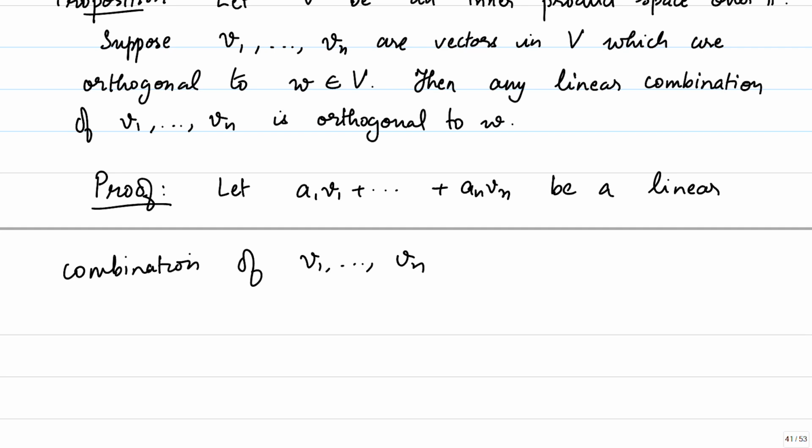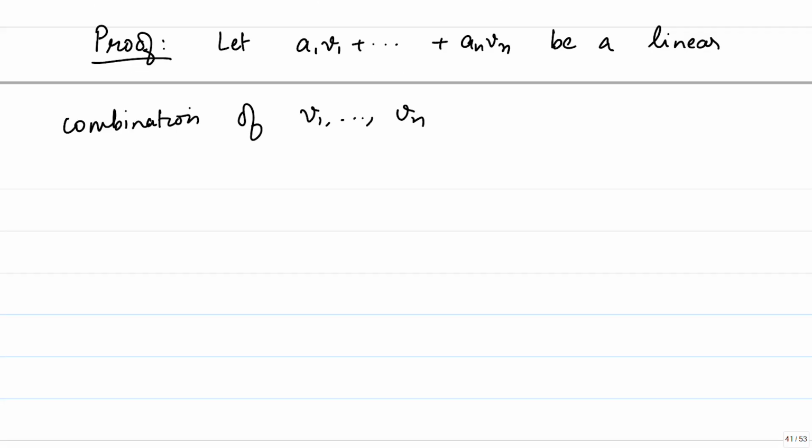Here a1, a2 up to an are scalars. If it is a complex vector space, a1 to an are some complex numbers. If it is a real vector space, they will be some real numbers. We would like to show that the vector a1 v1 up to an vn is orthogonal to w, that is, that the inner product is equal to 0.